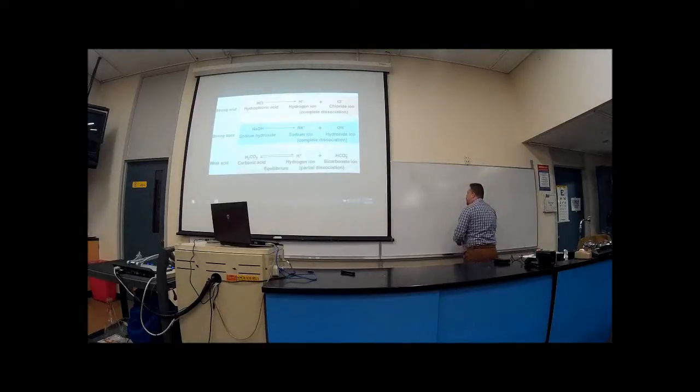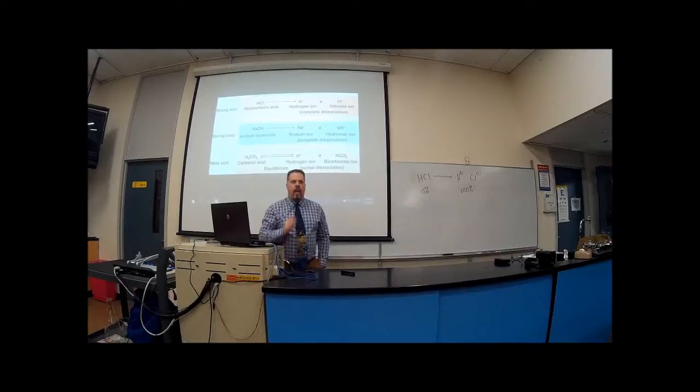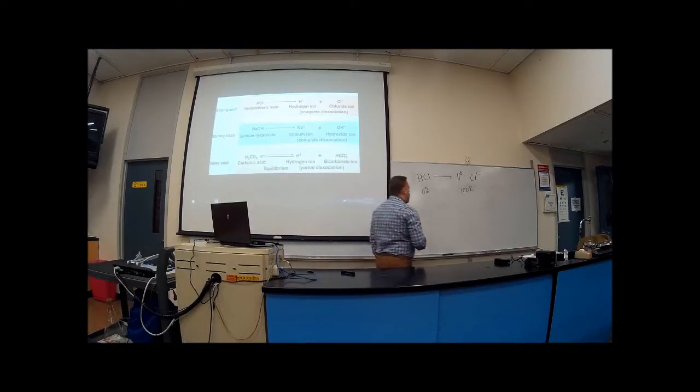So what I'm trying to show you over here is that hydrochloric acid, when put in water, you will get hydrogen ions and you'll have chloride ions. 100% goes here, which means that there's going to be 0% over here. It's a complete dissociation, and you can tell by the yield sign, it only goes one way. That's what makes this a strong acid, because 100% has actually been converted into this.